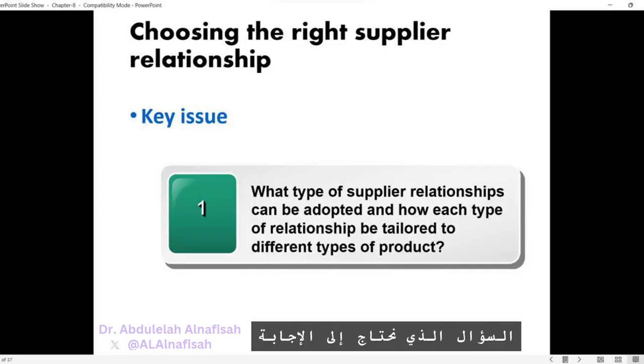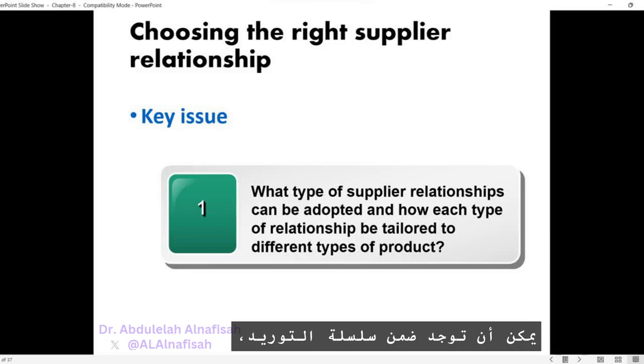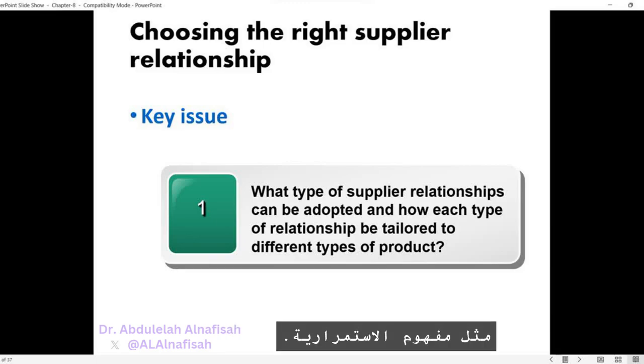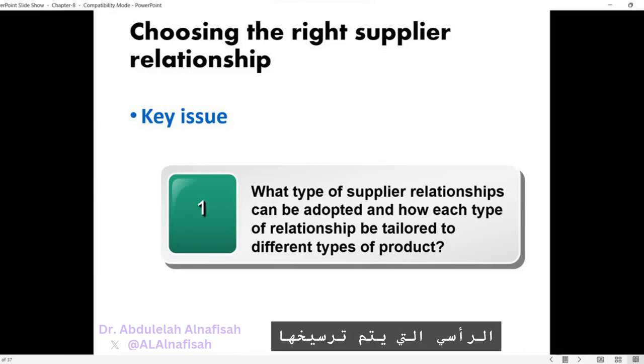Okay, now the question we need to answer in this section is, what types of supplier relationships can be adopted, and how can each type of relationship be tailored to different types of products? There are various types of relationships that can exist within the supply chain, such as the concept of a continuum, ranging from arm's length relationships conducted through the marketplace to vertical integration relationships cemented through ownership.